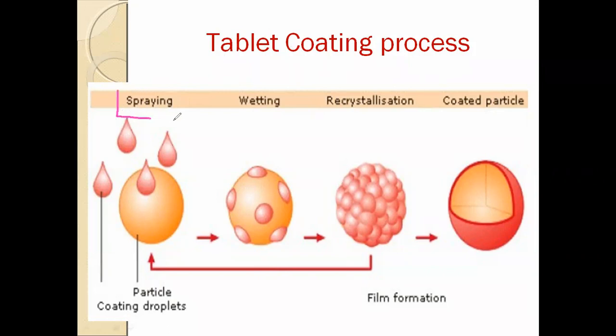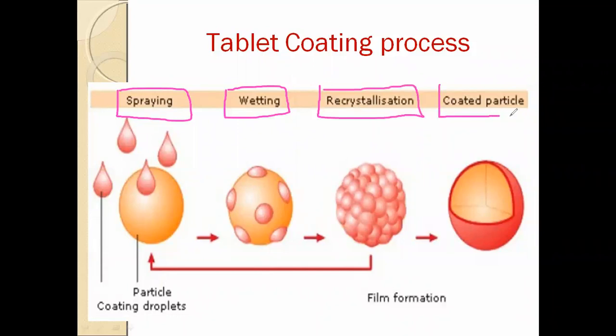For example, if you want to apply a coat, you are going to prepare the coating formula, which you are going to spray on the exterior of the tablet core. Then the wetting of the tablet core takes place when you spray this formula on it. Then the recrystallization takes place and you will get a coated particle.